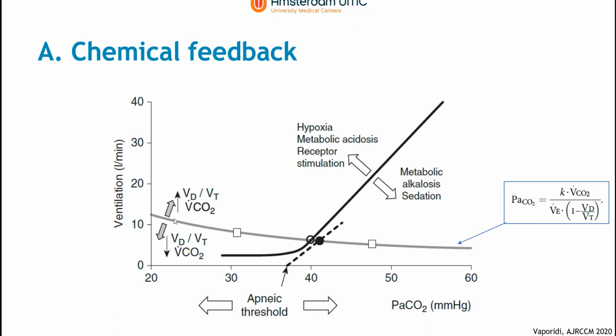If minute ventilation decreases, at the same CO2 production and the same dead space ventilation, arterial CO2 will increase, right? The position of this metabolic hyperbola is determined by CO2 production and dead space ventilation. When CO2 production increases, the metabolic hyperbola shifts upward. Are you still with me?